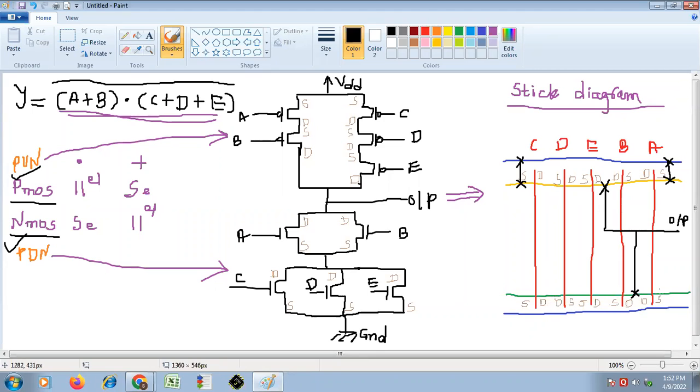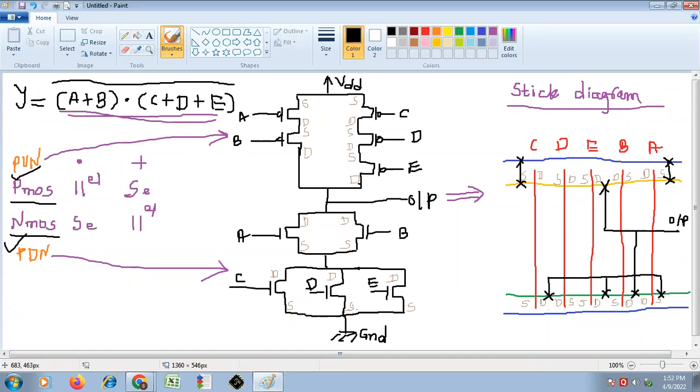So we have to connect this source of B. Here it is source of A. It is already connected to the drain of E, and we have to connect it to both drain of C and D. So these are the drain of C and D.